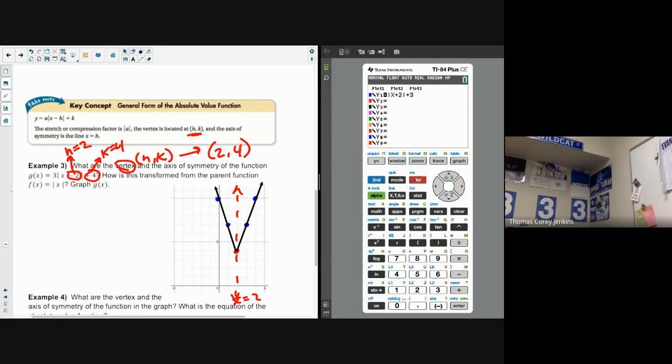Yeah, and then that'll let me put, I think, something in front there. So I'm gonna do the 3. And then there we go. So 3 times the absolute value of x minus 2. Change that to a minus sign. And then outside we have plus 4.